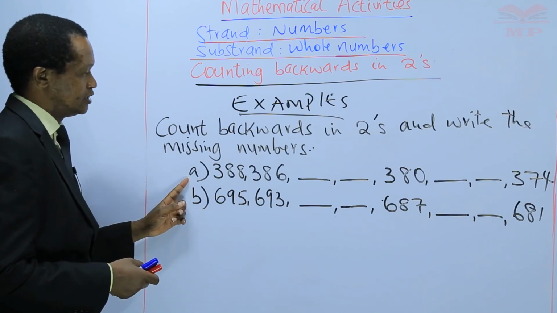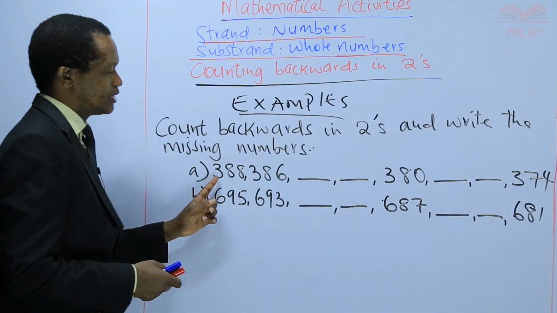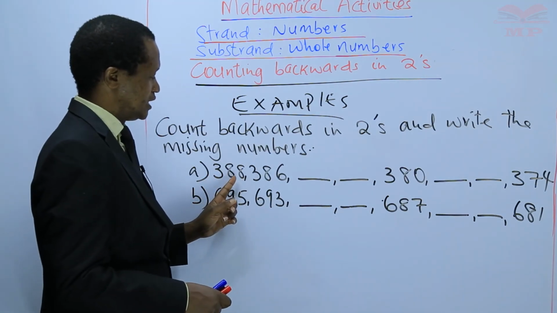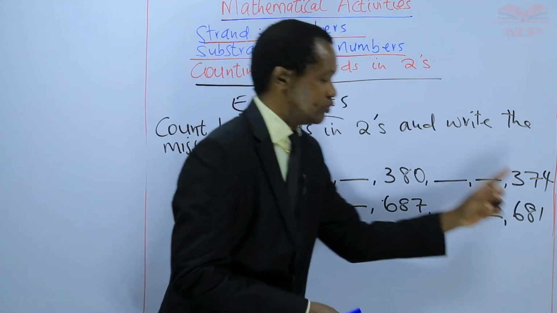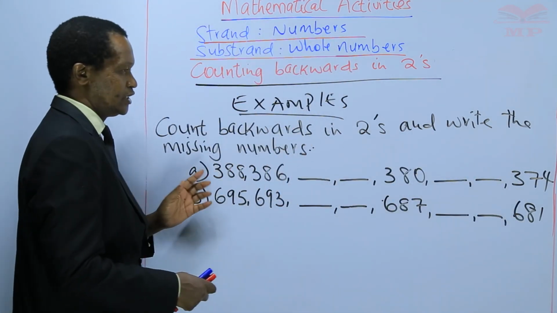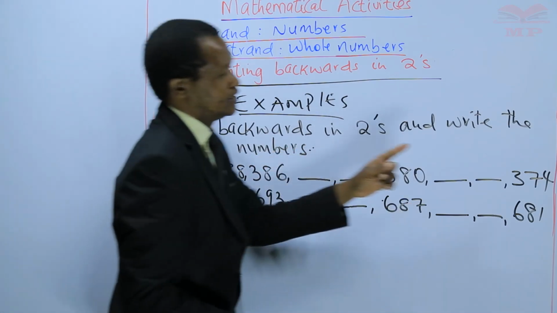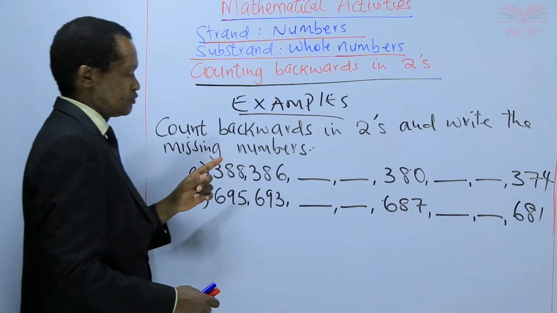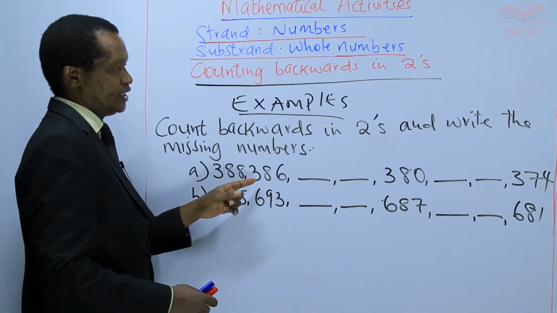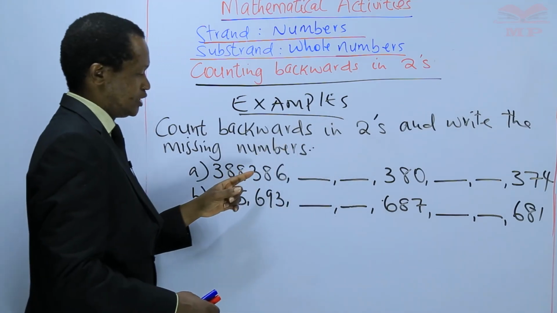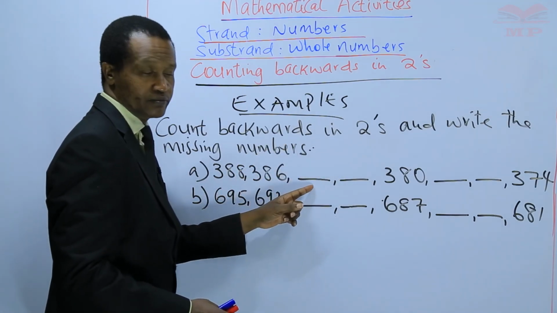This is counting backwards from 388 to 374. Starting from 388, counting backwards in twos, we have 388, 386, then dash.